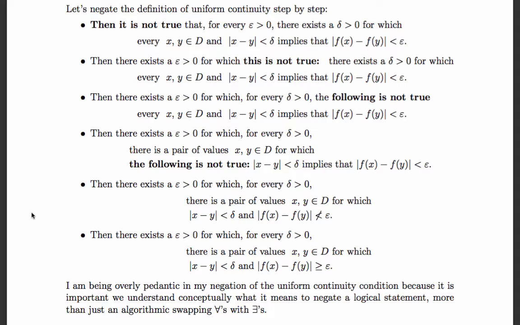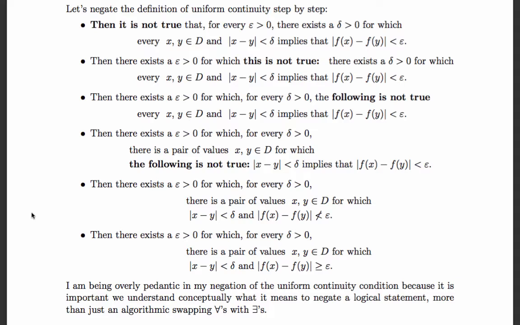Okay, so to negate the definition of uniform continuity is just to say that the definition of uniform continuity is not true. In other words, it's not true that for every positive epsilon there's a positive delta, for which every x and y in the domain within delta of each other implies that f of x and f of y are within epsilon of each other. And so that's not true for every epsilon.